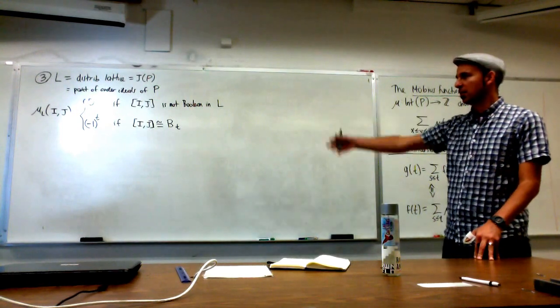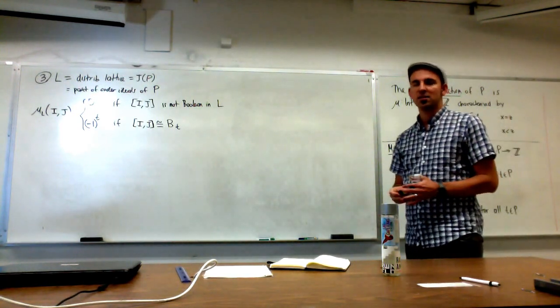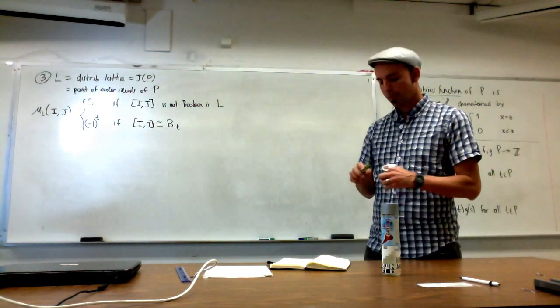So again, the Moebius function of a distributive lattice is very nice and simple, just zeros, ones, and -1s. Okay?